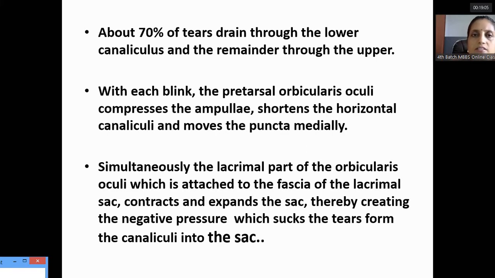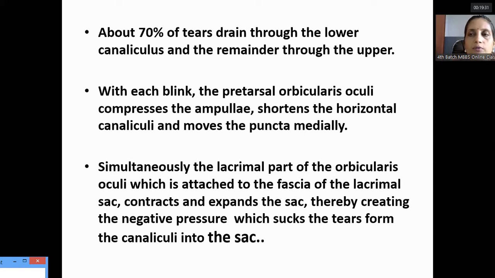So this is the mechanism by which the tear is drained from the eye into the lacrimal passage. But in old age, if there is a dehiscence of the orbicularis oculi muscle, there will be epiphora, or watering, especially following trauma or in old age.